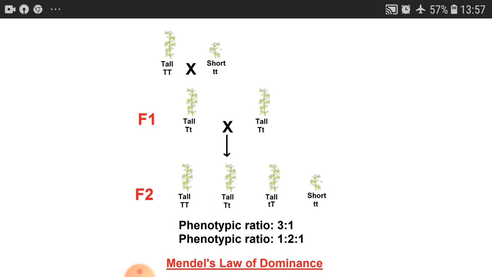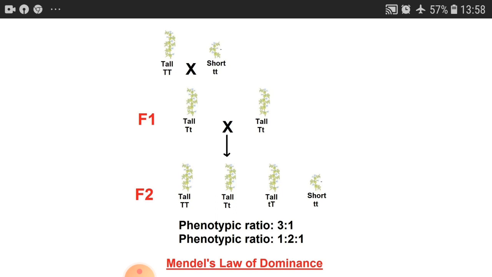Above F1 is written the tall and the dwarf, that is the parental generation. Capital T and capital T are the two alleles which are representing the tall plant, and small t and small t are those which are representing the dwarf plant.